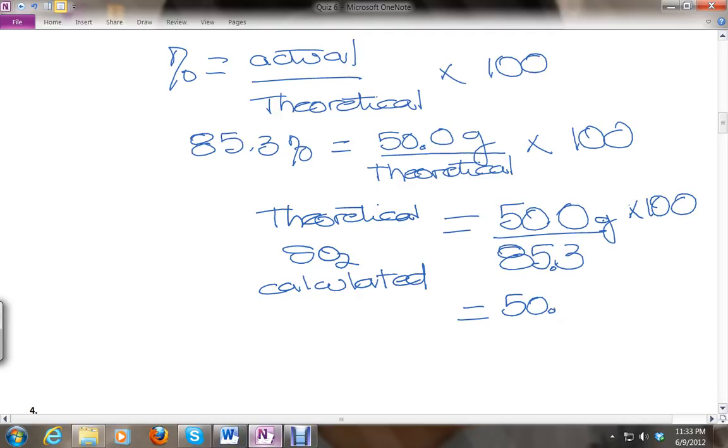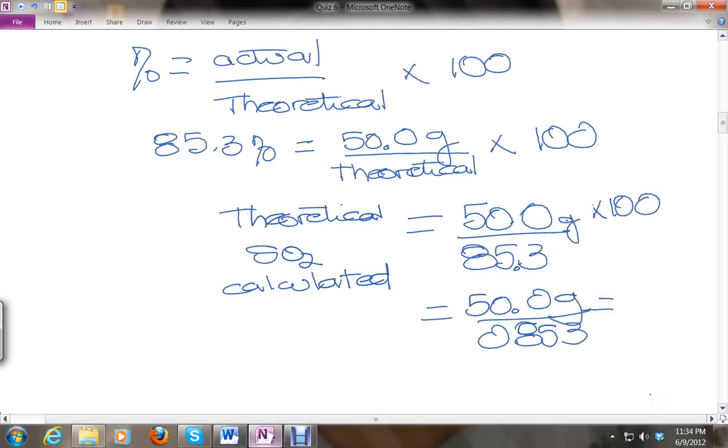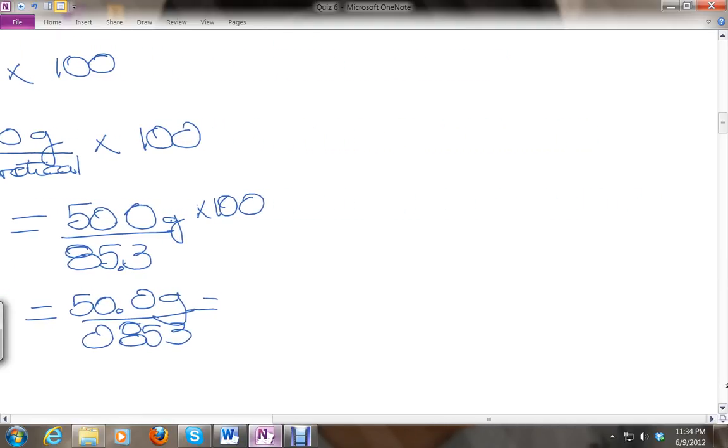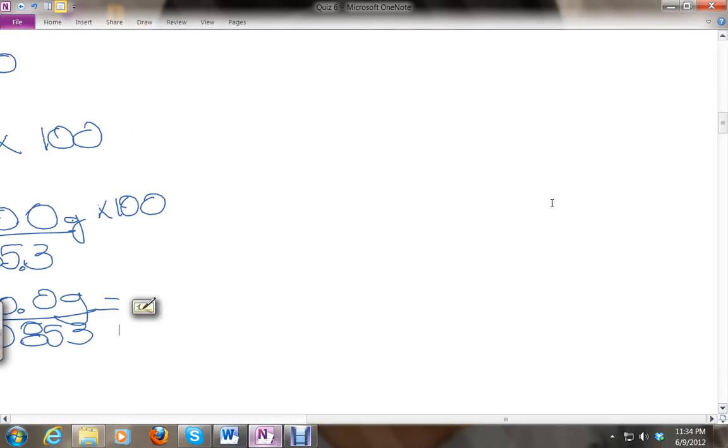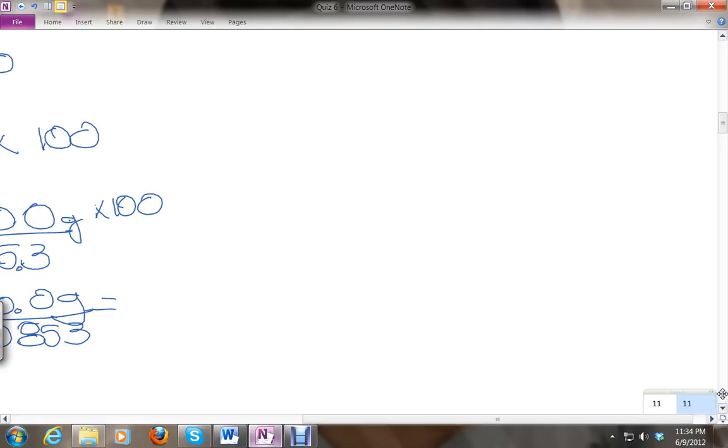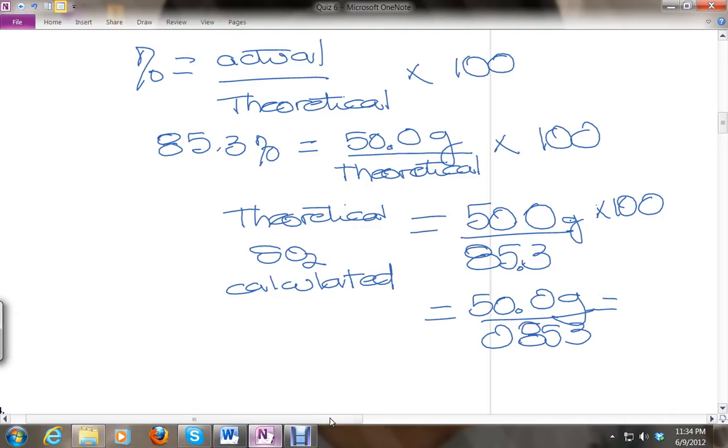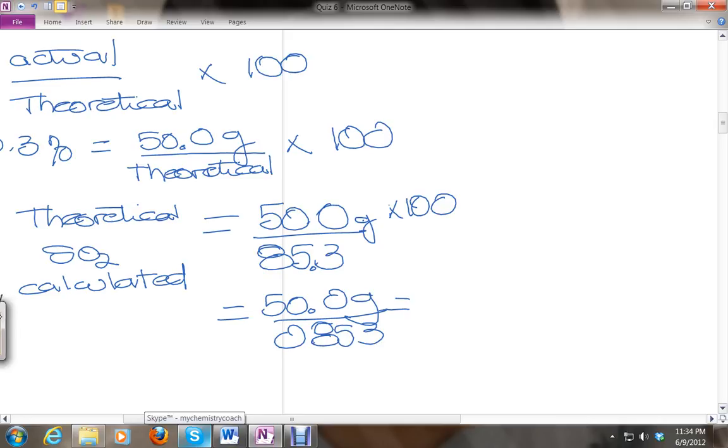So 50.0 grams divided by 0.853, and that's the theoretical yield, and it gives you 58.61 grams.